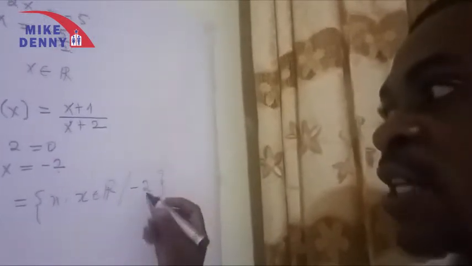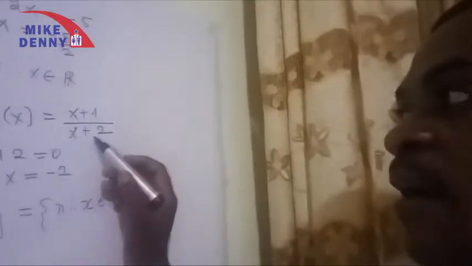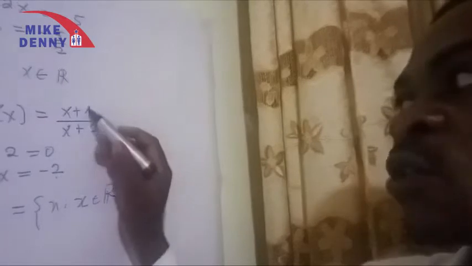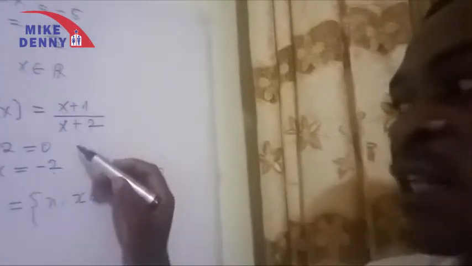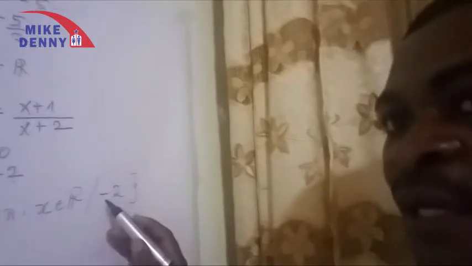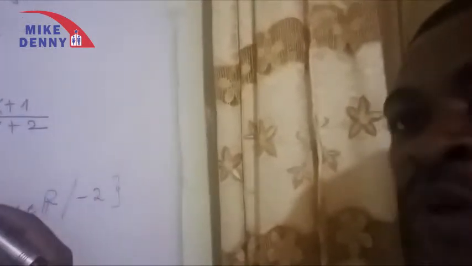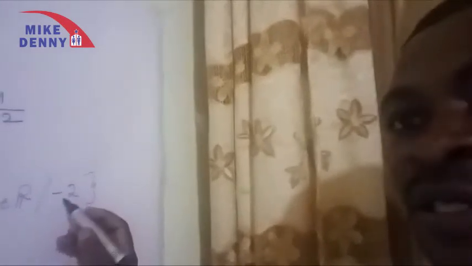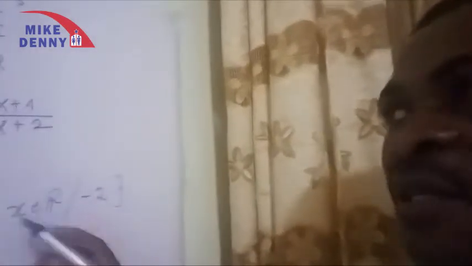Why am I excluding negative 2? This calculated value, if I put it at the denominator, it will give negative 2 plus 2, which is 0. So anything divided by 0 is undefined. That's why I am excluding negative 2 whenever I am looking for my domain. So you always equate the denominator to 0, and if it's a fraction, you exclude that value. If it's not a fraction, then you just define it over the set of real numbers like we did in the first case.